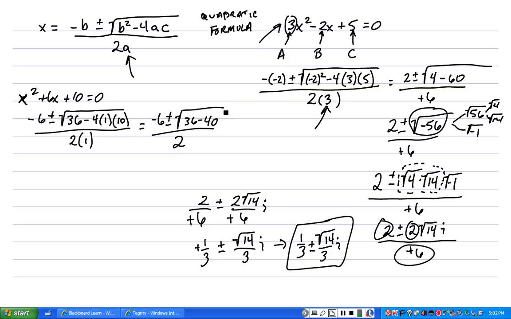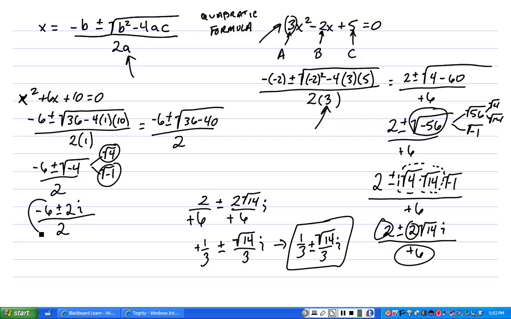So now we have negative 6 plus or minus square root of negative 4 over 2. And we said that negative 4 is like saying square root of 4 times square root of negative 1. So it's negative 6 plus or minus square root of 4 is going to give me a 2, and the square root of negative 1 is going to give me an I, over 2.